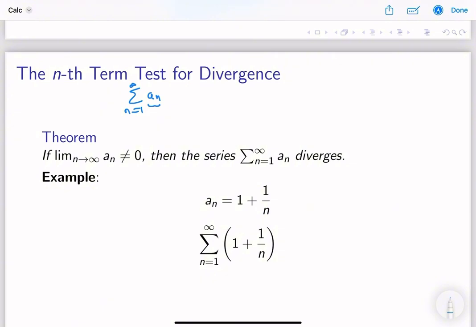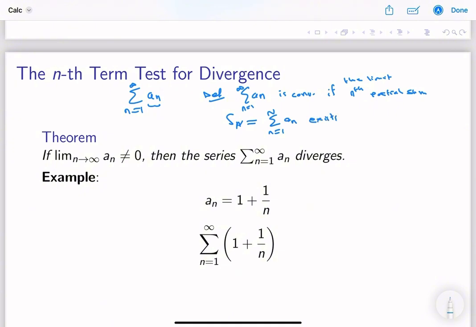And we defined convergence of a series in the following way. We said this series is convergent if the limit of the nth partial sum S_N, which is equal to the sum from n equals 1 to N of a_n, exists.